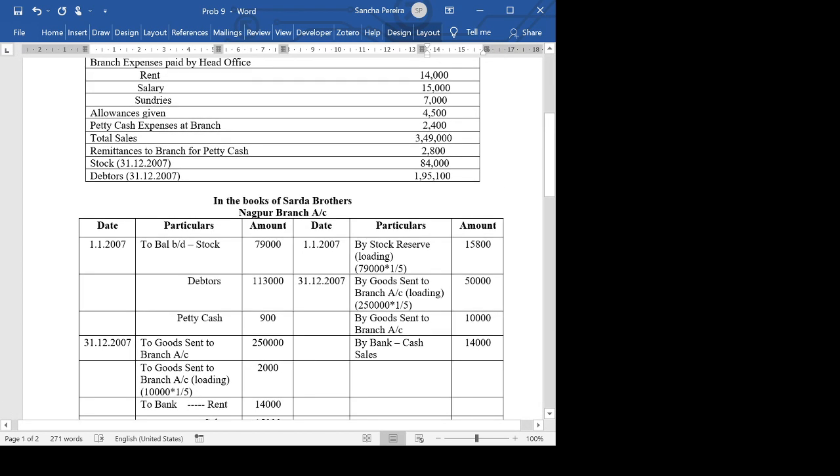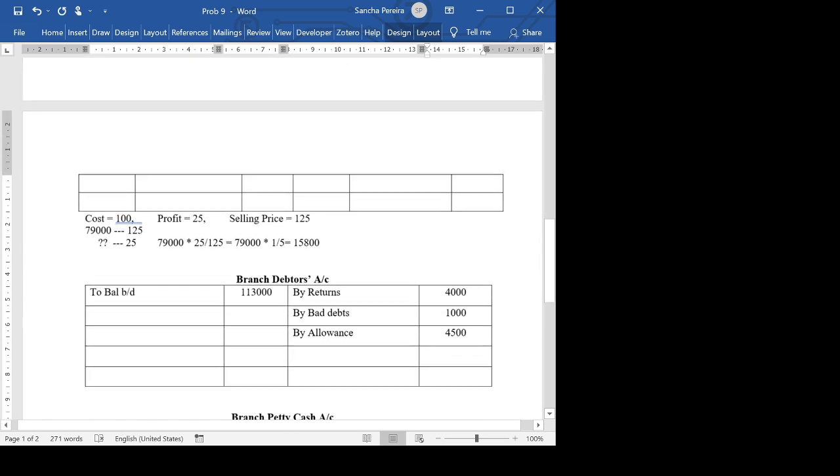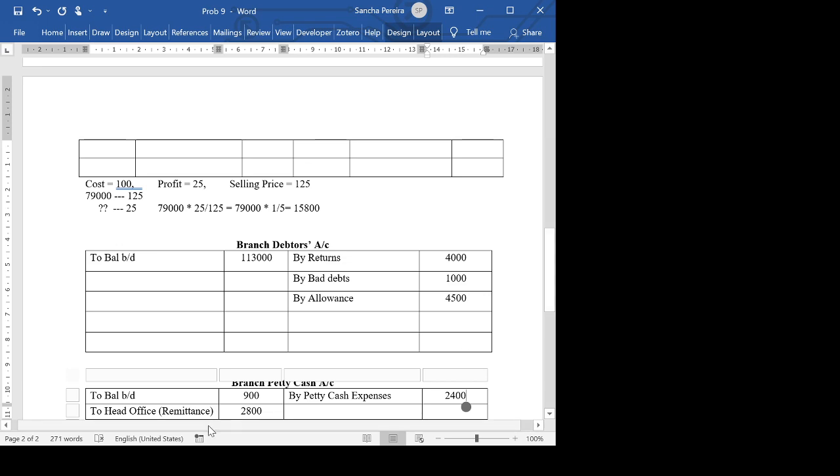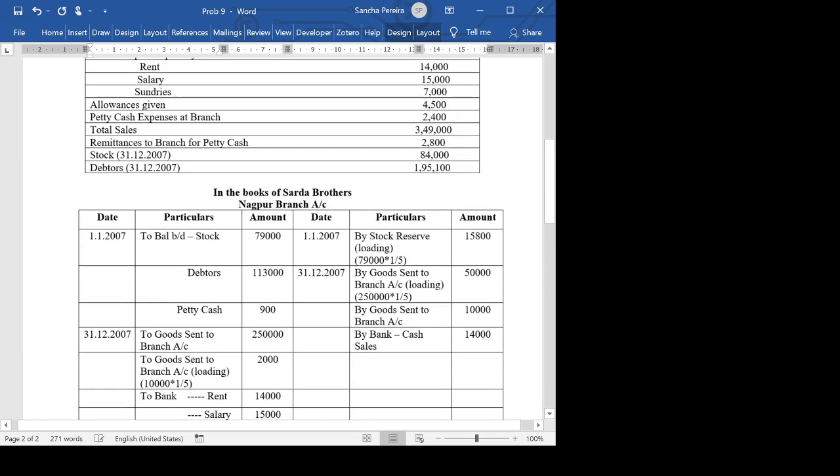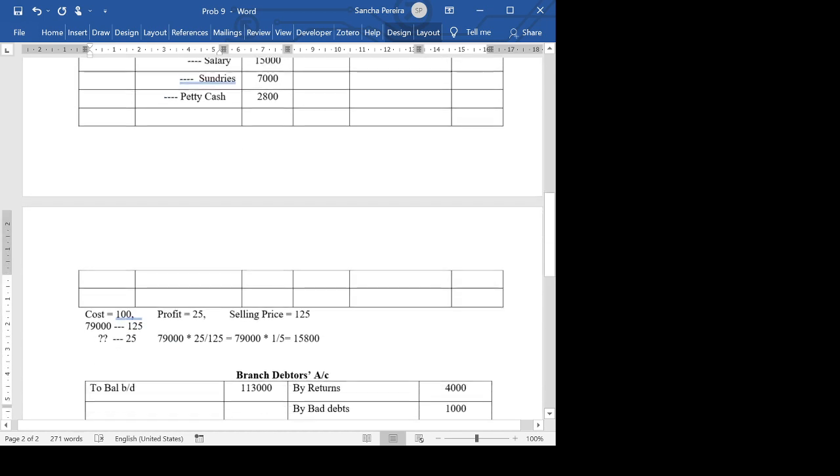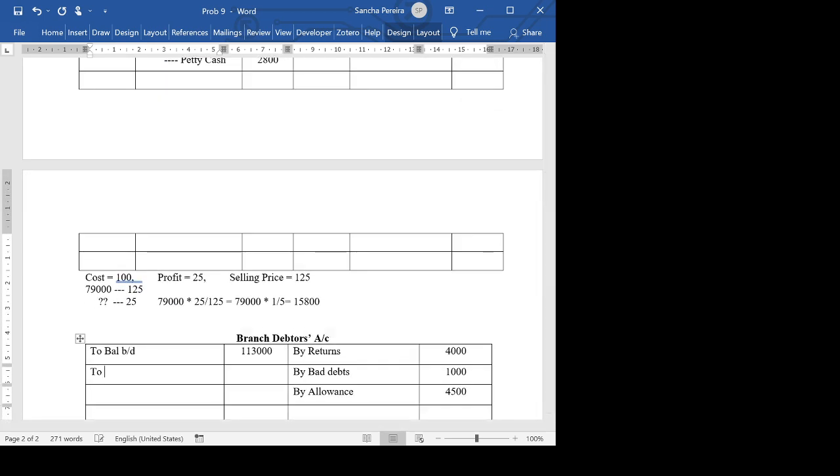Next, we have total sales 3,49,000. Now, total sales as a figure doesn't go anywhere, but we can calculate credit sales with this. 3,49,000 to credit sales.